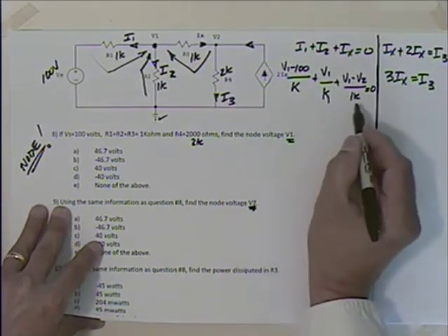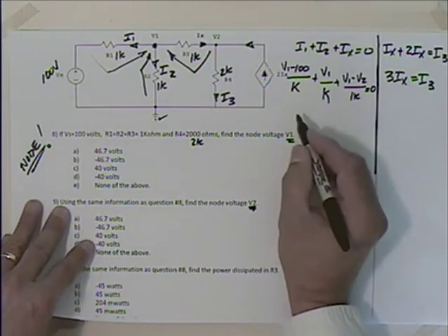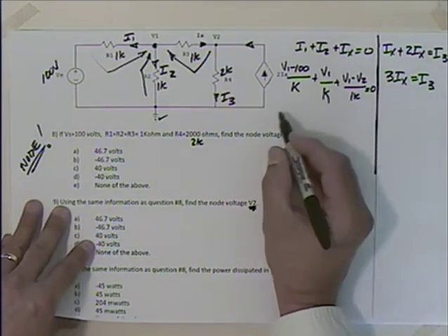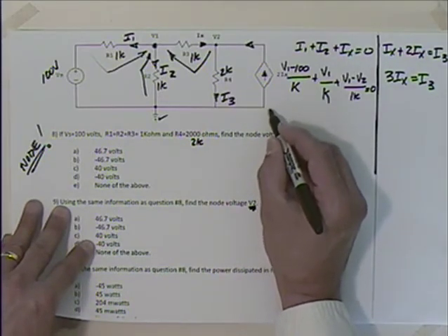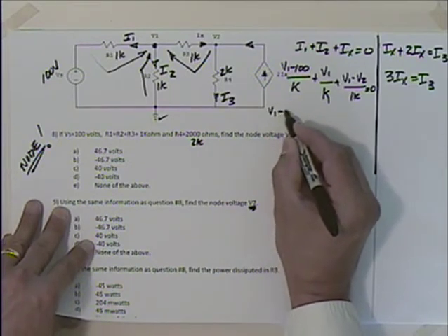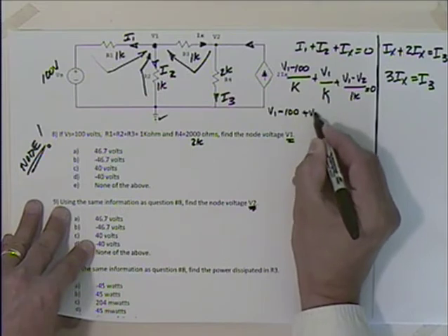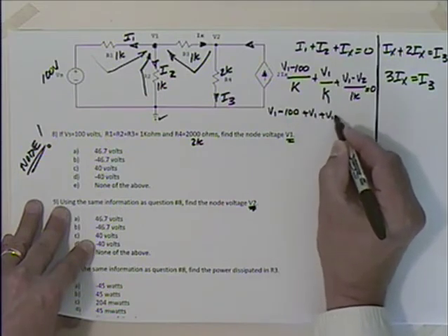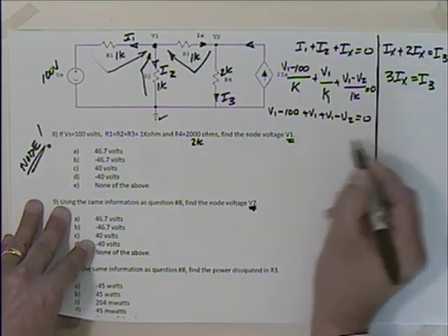So if I multiply everything by 1K, I come up with what? V1 minus 100 plus V1 plus V1 minus V2 is equal to 0.